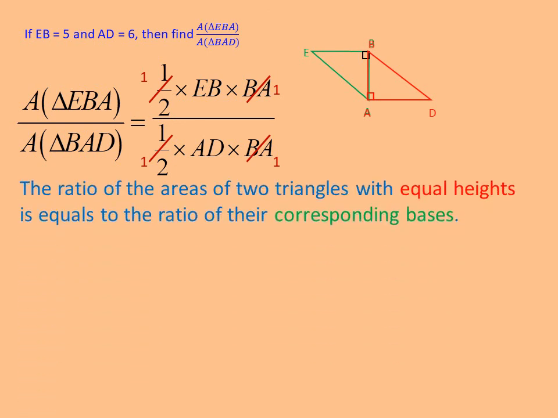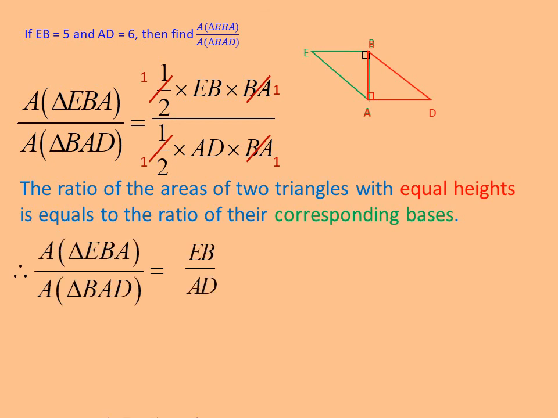So you will get the ratio of the area of two triangles with equal heights is equal to the ratio of their corresponding bases. I hope you have understood how you get the ratio of the area of two triangles when they have equal heights is equal to the ratio of their corresponding bases. Now we can do substitution and we have got 5 is to 6. I hope it is clear.